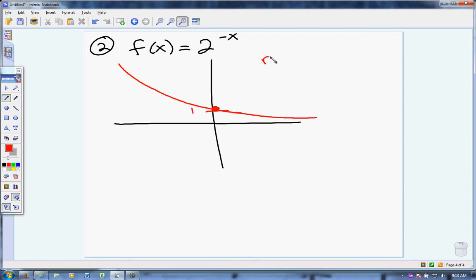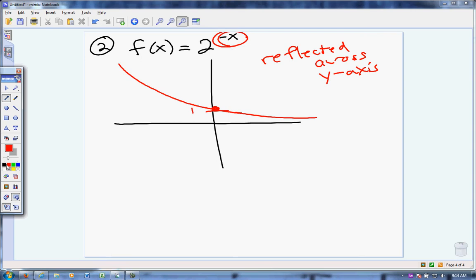But this one is reflected across the y-axis. And those rules, you see how there was a negative inside the function? Remember when we said there's a negative inside, it gets reflected across the y-axis. When there's a negative outside, it's across the x-axis.